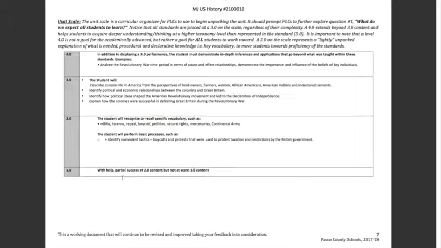Levels 2 and 1 deal with where am I before mastery. As I'm moving towards mastery, where am I? And these scales allow students to verbalize. If you use them correctly, they allow students to verbalize where they are in this process.